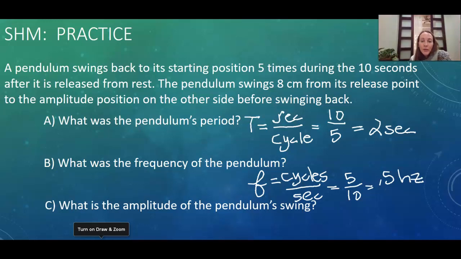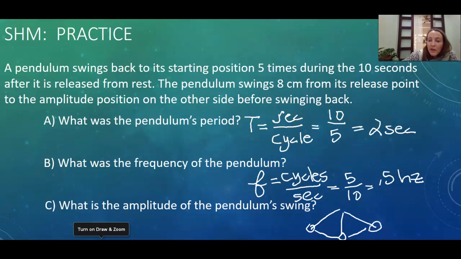What is the amplitude of the pendulum swing? Let's say that this is the fulcrum. So let's say that this is the pendulum here, and then it goes down to here. This would be an amplitude, and this would be the equilibrium position, and this would be the amplitude on the other side of the pendulum.